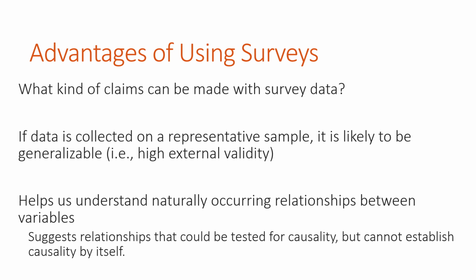Now, of course, we know that correlations and association claims cannot establish causality, but we also know that this is an important first step, that you have to have an association first before you can claim causality. And so this is obviously an essential part of the research trajectory, and so surveys are playing a very important role in that.